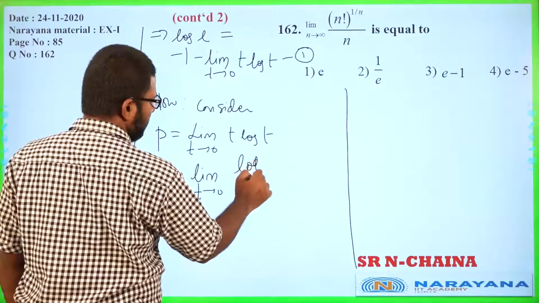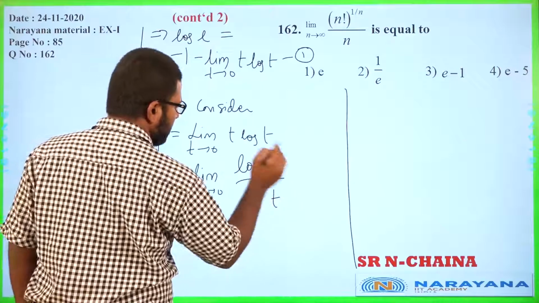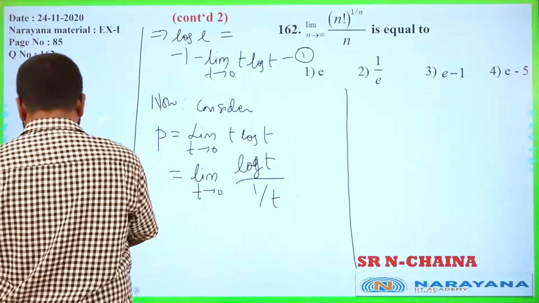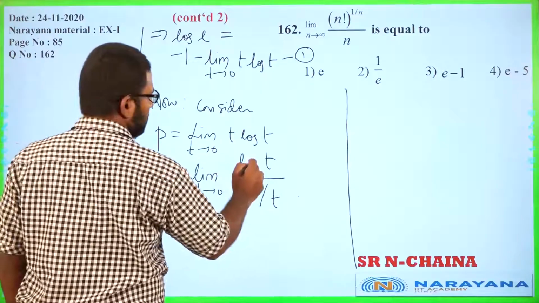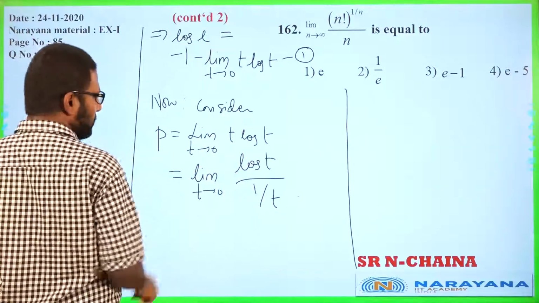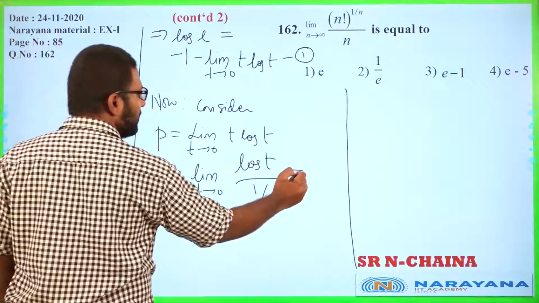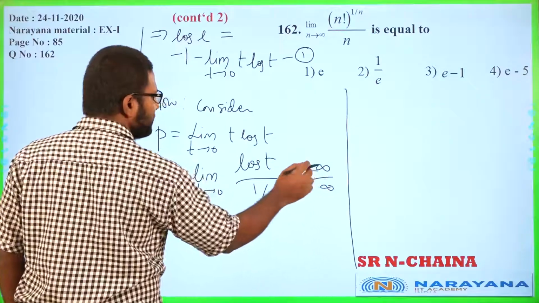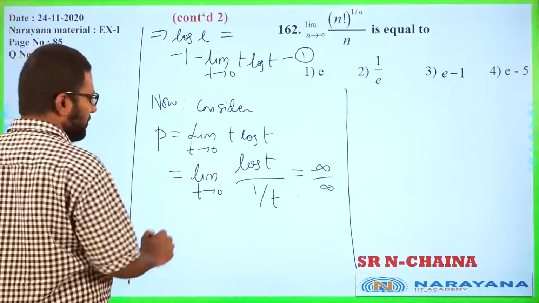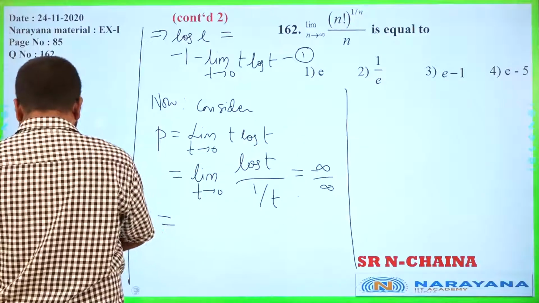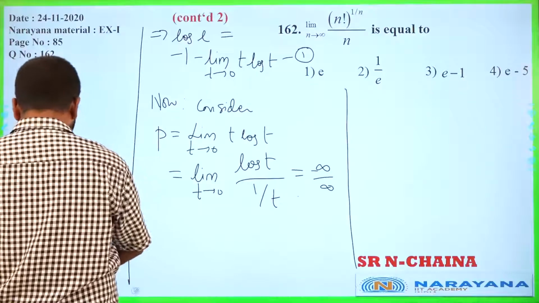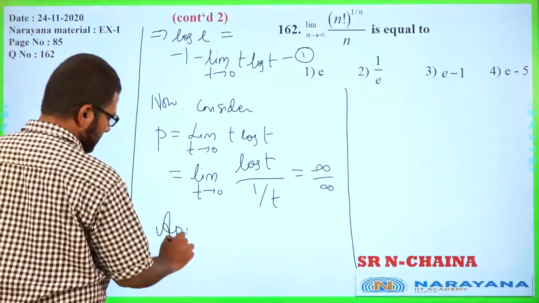I think you would have done this limit while doing the chapter of limits. I have just taken the t down. Now this becomes infinity upon infinity form. Actually minus infinity upon infinity, but that is not a problem. So I will now apply L'Hopital's rule.